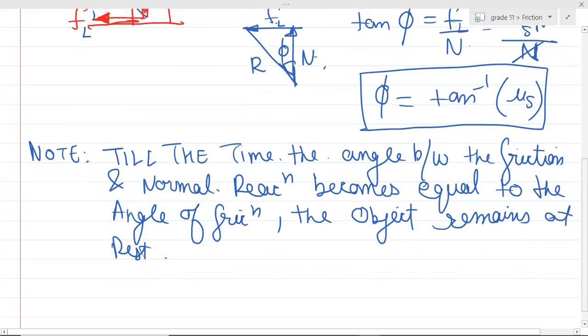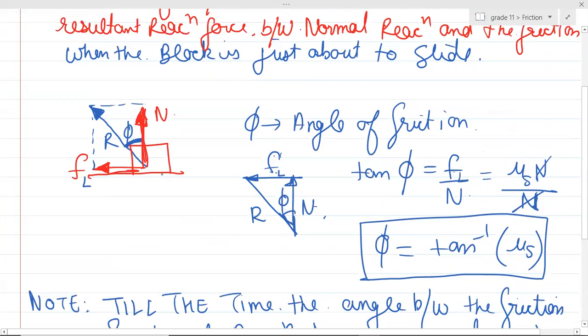See, you can define this angle at any particular instant, but every time that angle will not be equal to the angle of friction, right? You can define this angle between the total reaction force and the normal reaction when the object is at rest, at any particular instant.